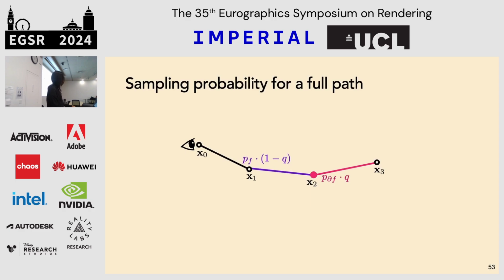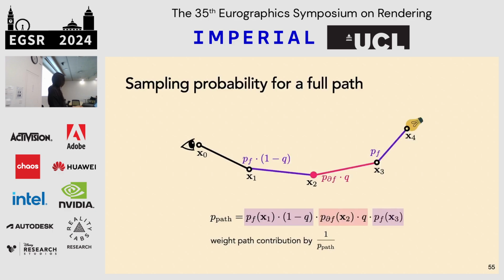After that, we no longer need to sample a differential vertex. So we simply sample from the standard PDF, and for this example, the next vertex hits the light source, so the path ends. And we can compute the probability of forming this entire path by taking the product of the probabilities shown. And the total weight for the contribution of the path is 1 over the path probability.